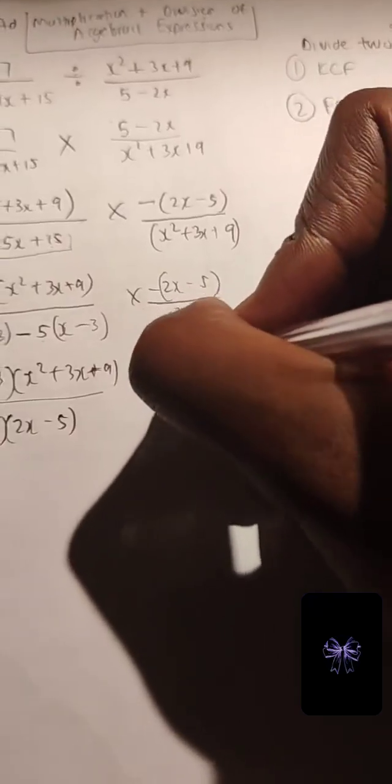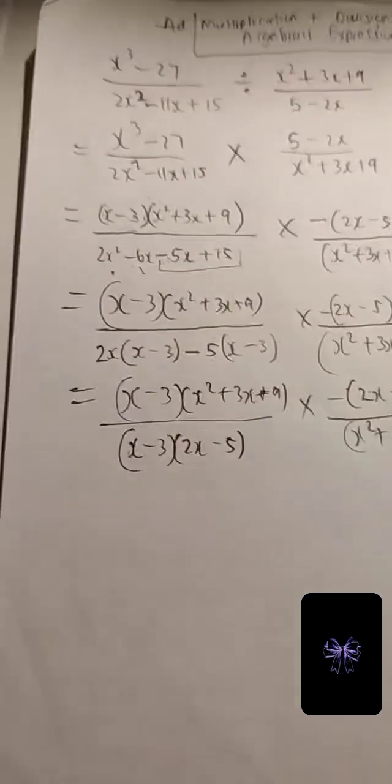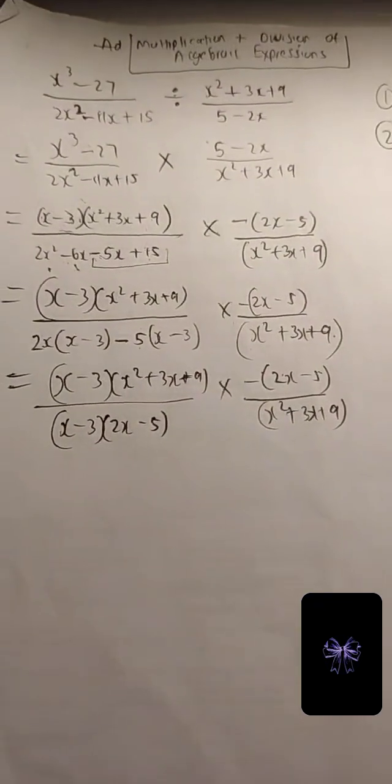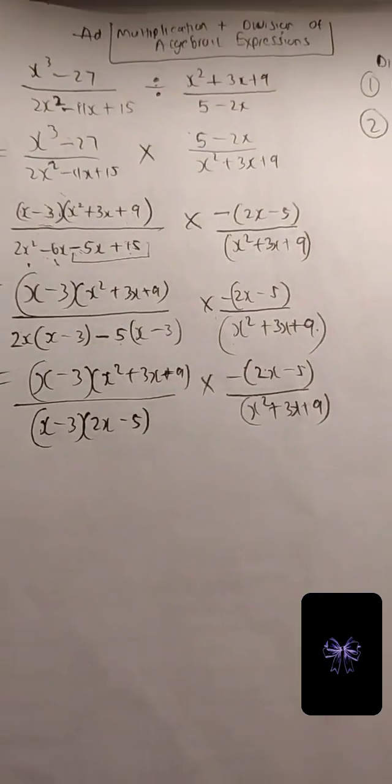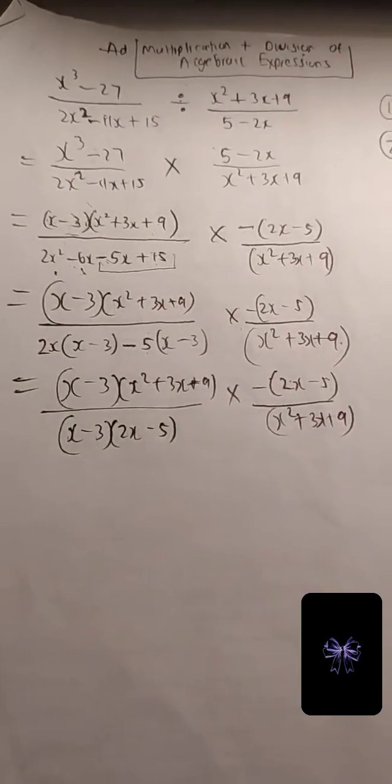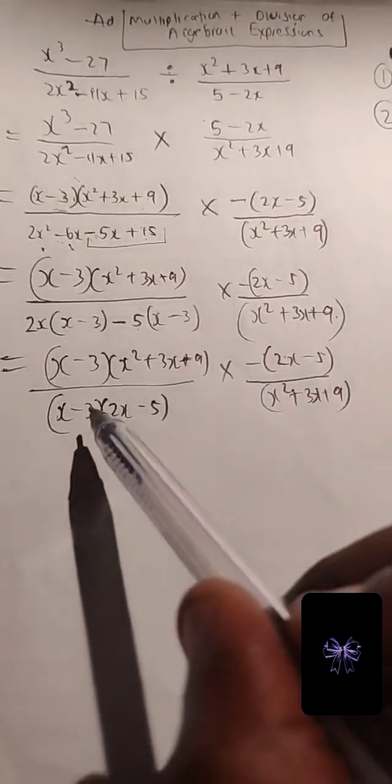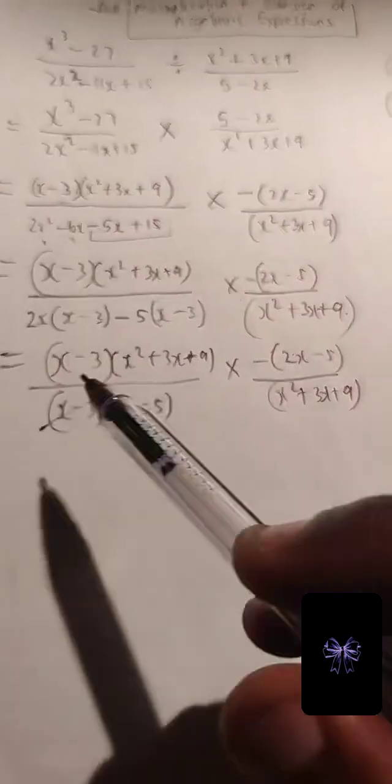Multiplied by negative 2 into 2x minus 5 over x squared plus 3x plus 9. Not forgetting the brackets. Are we ready to cancel? Top and bottom. Yes, we can cancel out the x minus 3. You're gone.